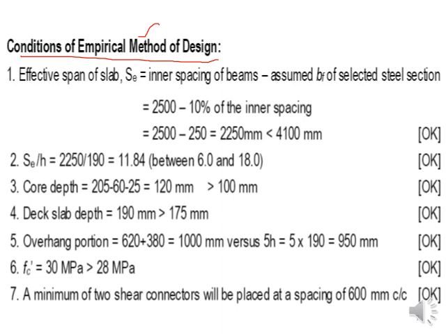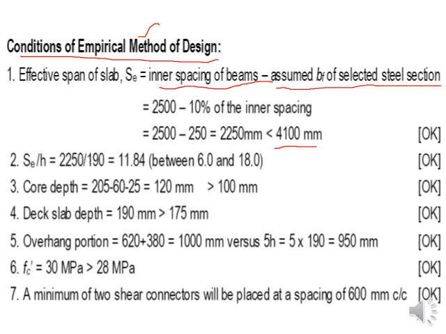Number one is the effective span of the slab. That should be less than 4.1 meter, so 4100 millimeter. We can calculate it using the inner spacing of the beams, and from the inner spacing you subtract the assumed BF of the selected steel section.